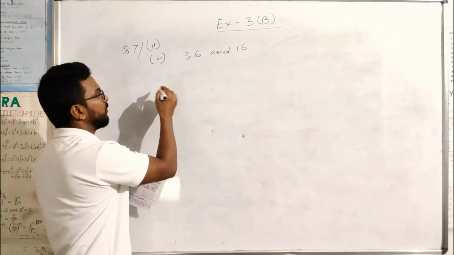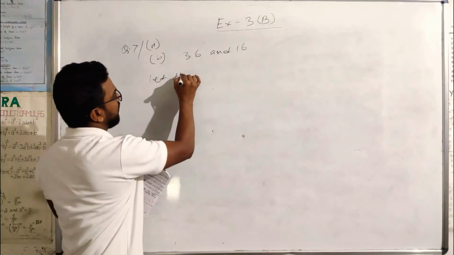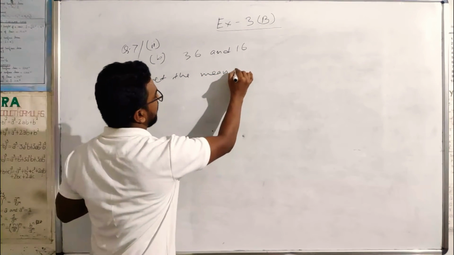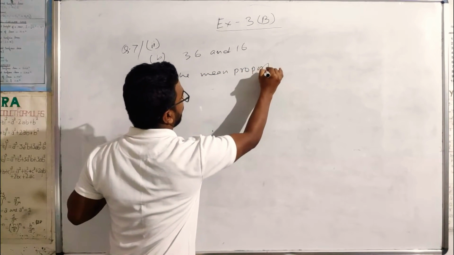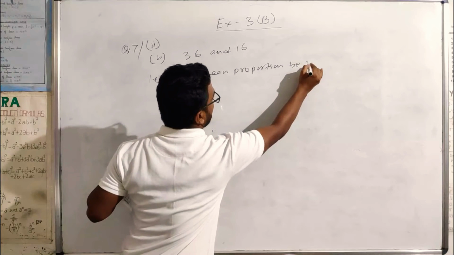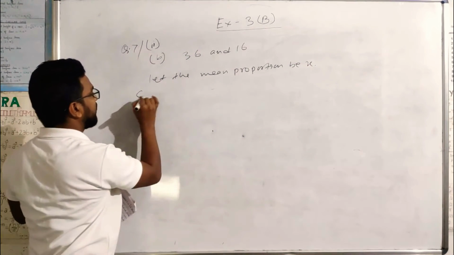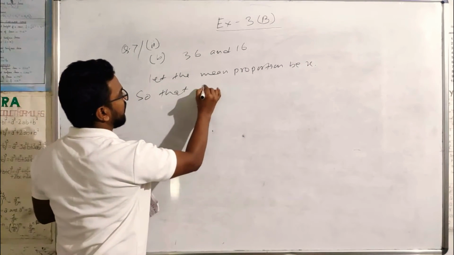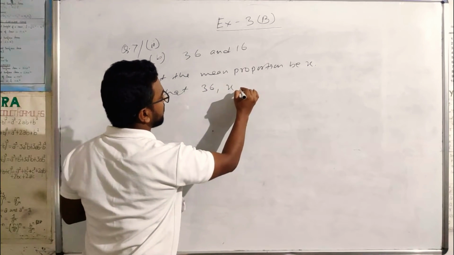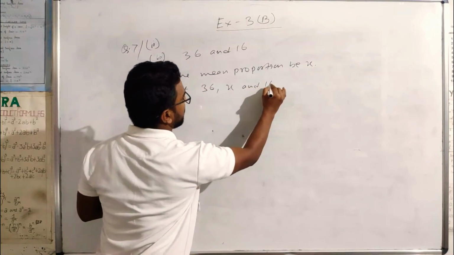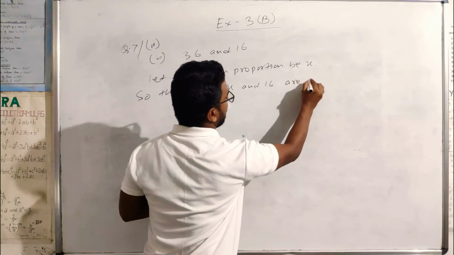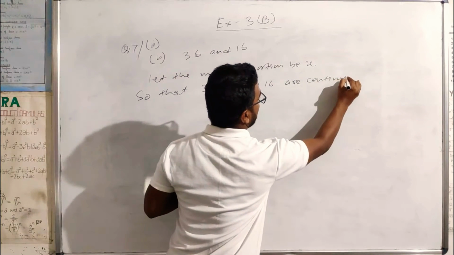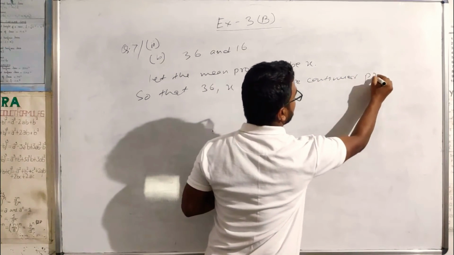So we don't know, so we'll write, let the mean proportion be x, so that 36, x and 16 are in continued proportion.